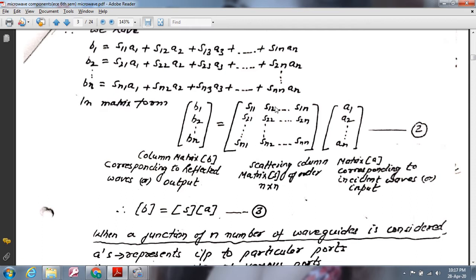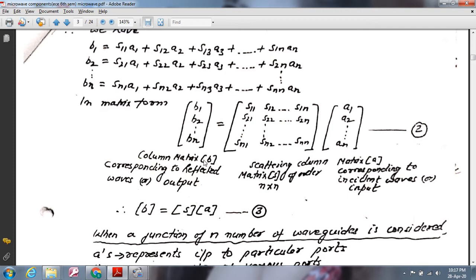This matrix is the scattering matrix of order n by n. Here it will always be a square matrix, and the last column matrix is A1, A2, A3 and so on up to the last An.